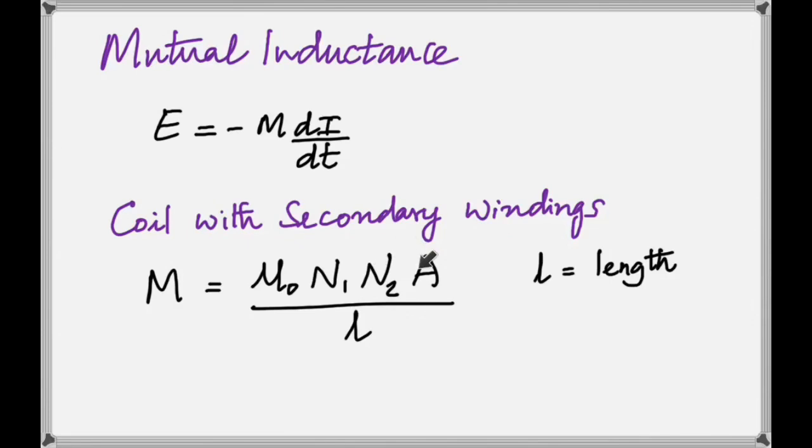And A is the area of cross-section of the primary. Usually they will almost have the same area because the secondary is wound on top of the primary. Because you want it very close to the primary, right? But in case there is a doubt, A is the area of cross-section of the primary. Moving on.